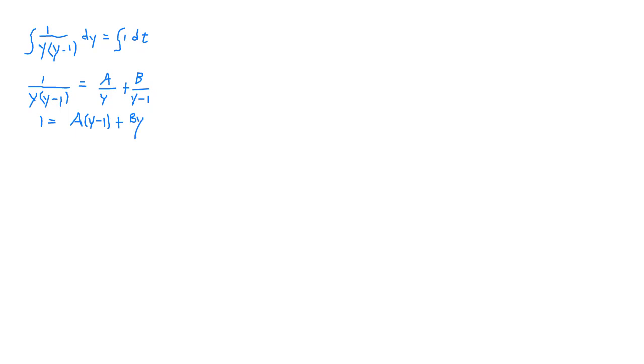Okay. So we multiplied through this equation by y times y minus 1. And so the left side reduced to a 1, and then you have the two terms on the right. So that means 1 will equal a times y minus a plus b times y.